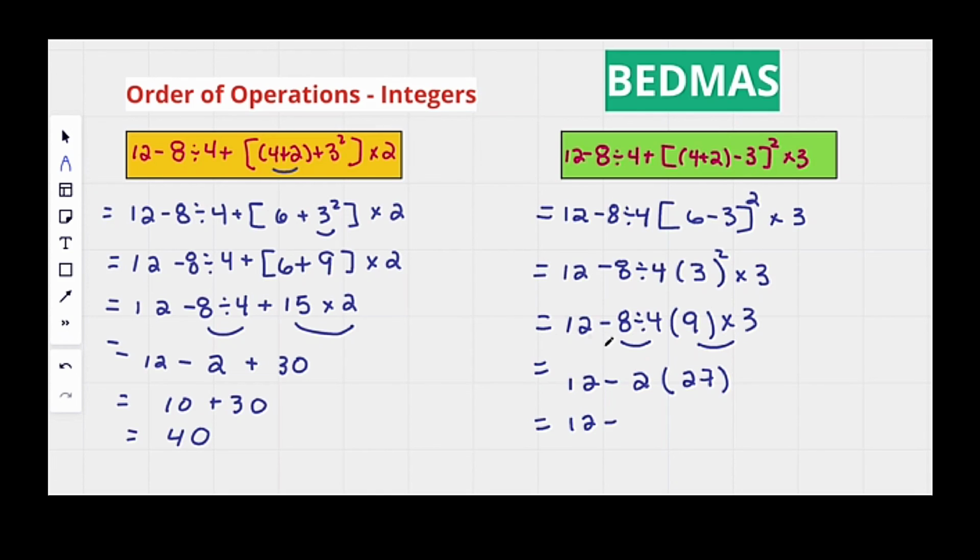So 2 times 27 is 54, so it would be 12 minus 54. And finally, we have reached the end where we can actually take care of that subtraction, which is going to be 12 minus 54, which is negative 42. And that is our final answer for that question.